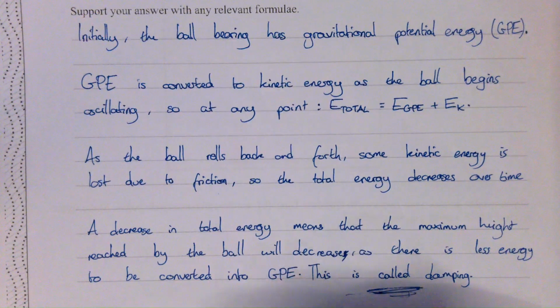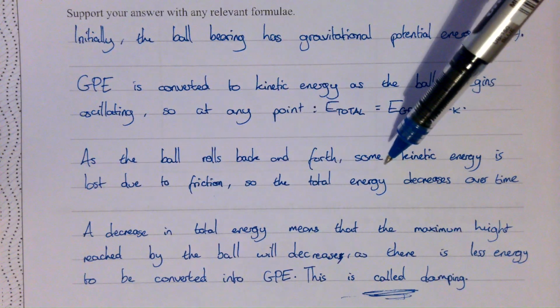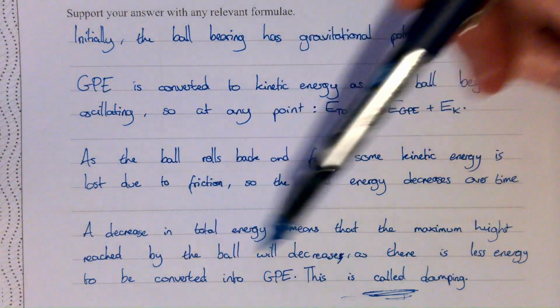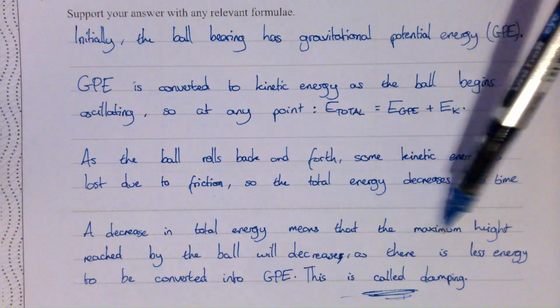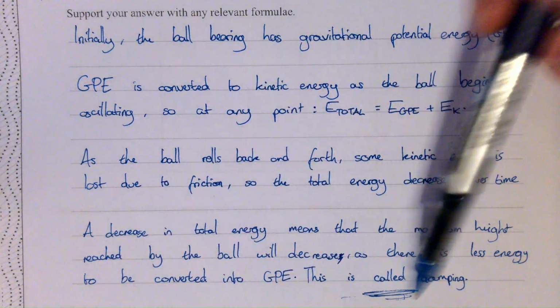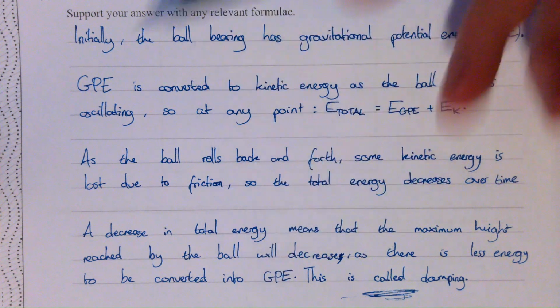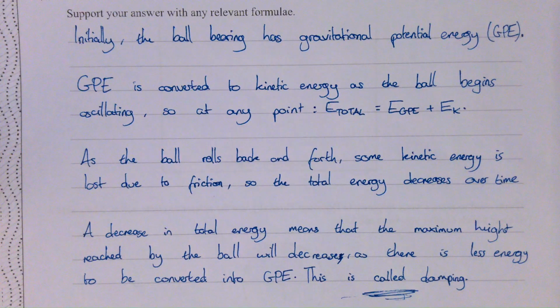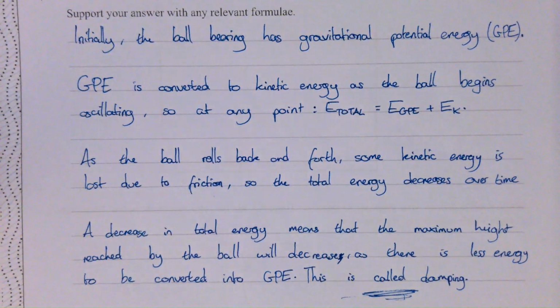For achieve, we just have to say that energy is lost due to friction, the amplitude decreases, or the maximum height reached decreases. That's what displacement is in this case, it is the maximum height by the ball, or just naming this damping. So if you have no idea how to describe all this, but you know this is damping, just saying this is damping gets you the achieve credit.